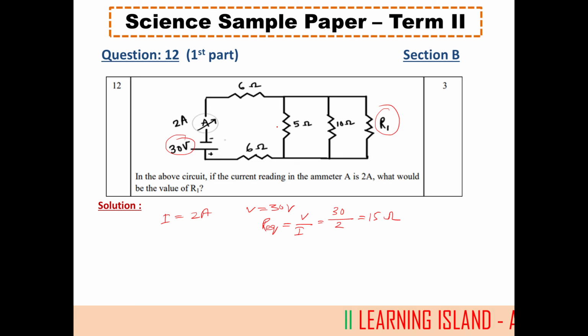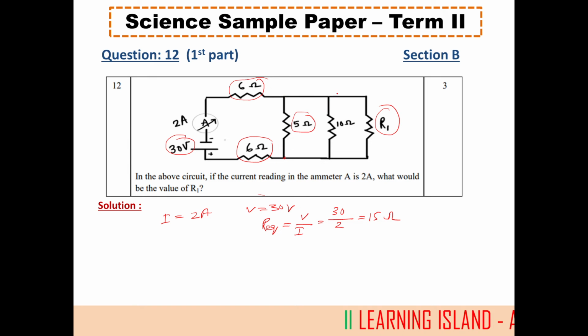Now here you see, if I go to that circuit, here is 6 ohm, here is 6 ohm, and there is 5 ohm. First of all, let us find the total equivalent resistance between these 2 points.